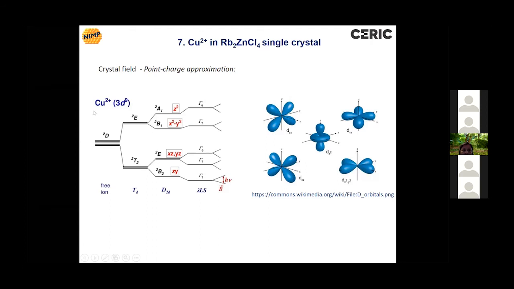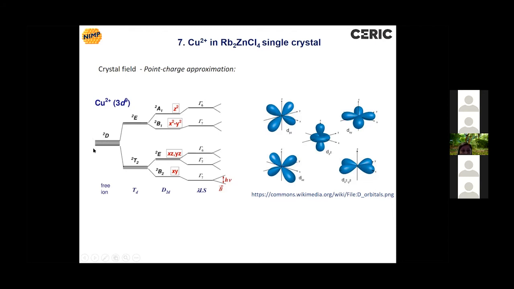So we consider what happens with the energy levels of the unpaired hole in a field with tetrahedral symmetry. This is done in the point charge approximation. So the ligands, in this case the chlorine minus ions, are considered as point charges, which have the same symmetry as the site symmetry of zinc 2+.